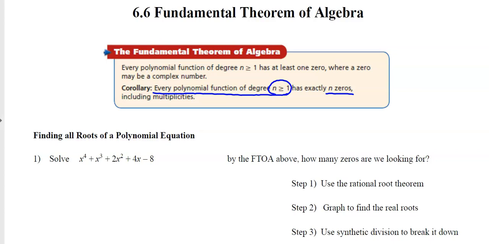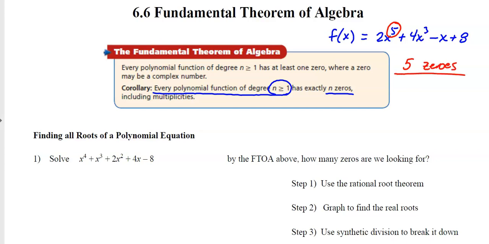For instance, if your function is 2x to the 5th plus 4x to the 3rd minus x plus 8, you look to the leading term, the highest degree, and I know this thing is going to have 5 zeros. Whatever that biggest power is, you're going to have that many zeros.